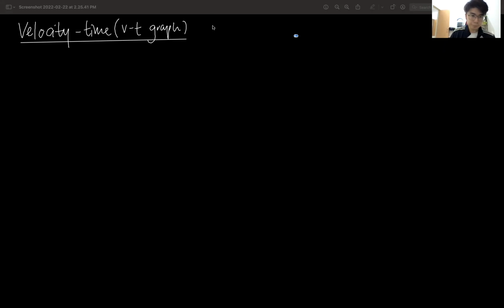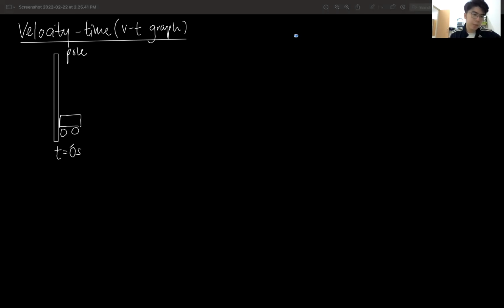Let's see. Here is our pole. Let's say a car started here. Okay, we take the same example. And when the car started at the pole, we press the time 0.